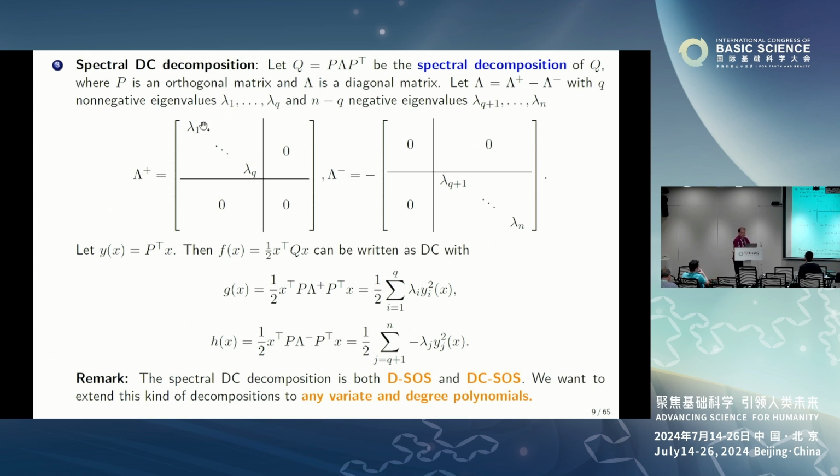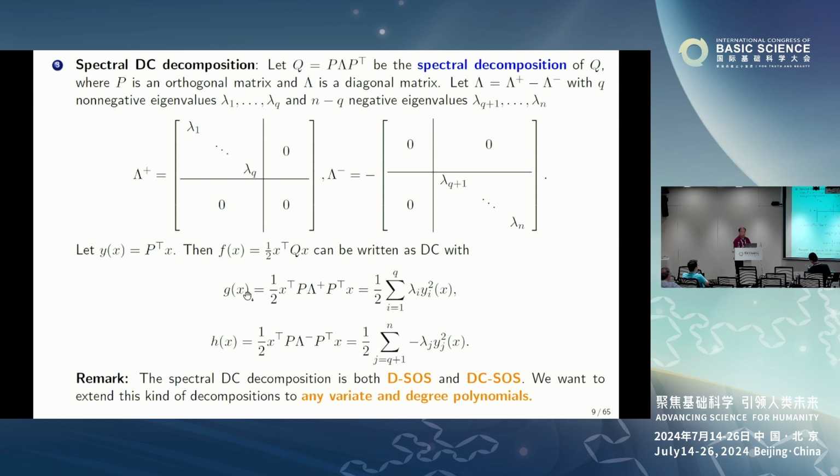So we can write it as Lambda plus and Lambda minus, where Lambda plus consists of all the positive, non-negative eigenvalues, and Lambda minus the negative ones. Like this, we can rewrite f(x), the quadratic form, as the part G minus the part H.